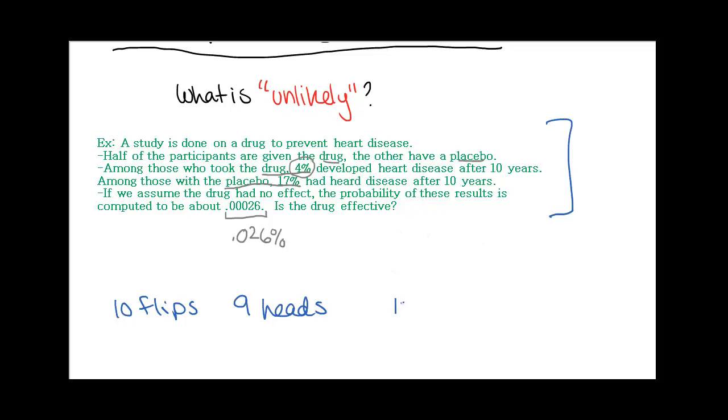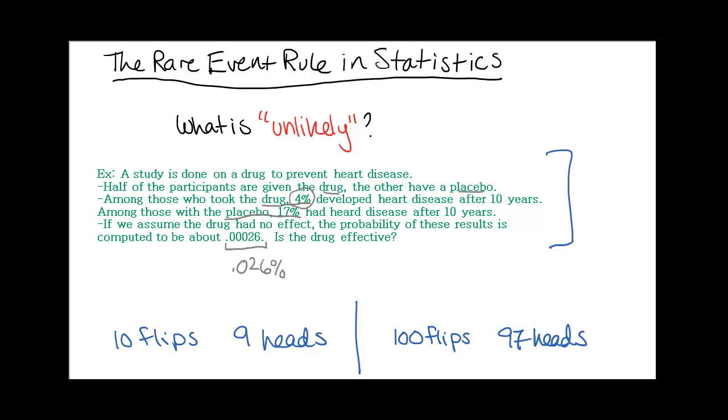Especially if we then said, flip the coin 100 times, and we got, say, 97 heads. Even though this is a possible outcome, its probability is so small that it would lead us to think that there's probably something wrong with the coin, or that maybe we're observing the heads incorrectly. And this is the idea of the rare event rule for statistics, and we'll use this reasoning when we talk about statistically significant results.